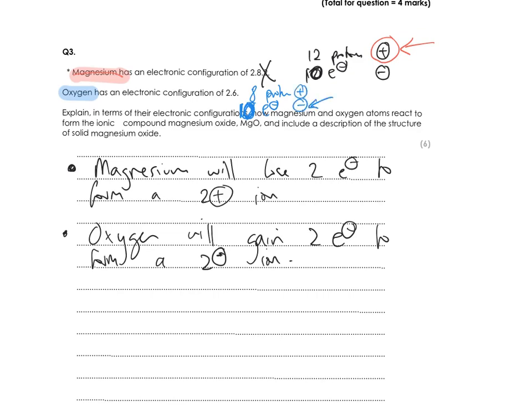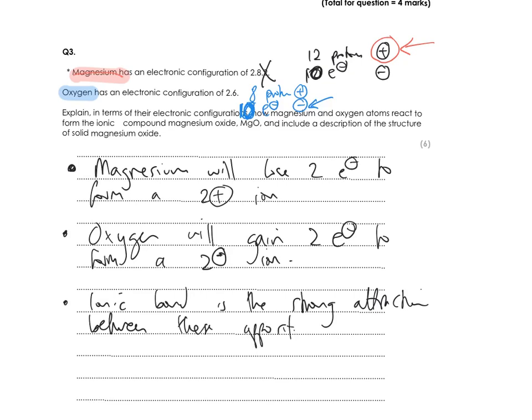So once those electrons have been transferred, now you have a positive ion and a negative ion, and so the ionic bond is the strong attraction between these oppositely charged ions. If you have a negative thing and a positive thing, they'll be attracted towards each other very strongly. And that will probably be your 6 marks, to be honest.